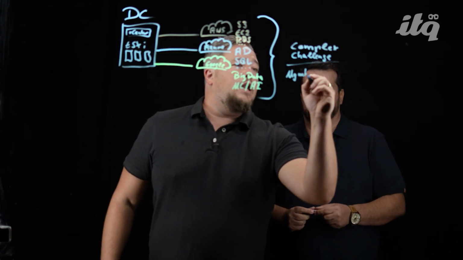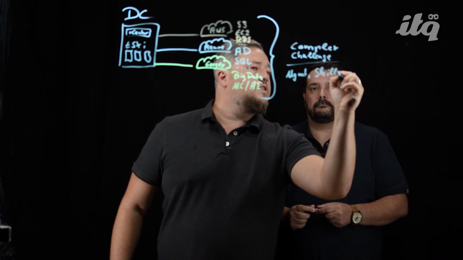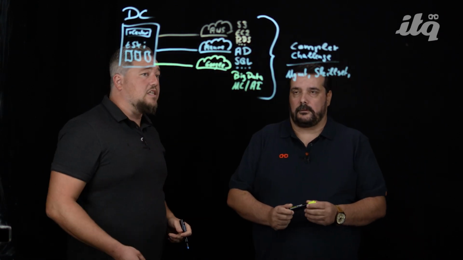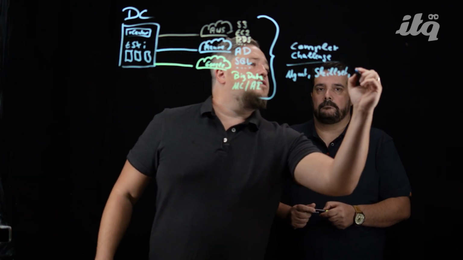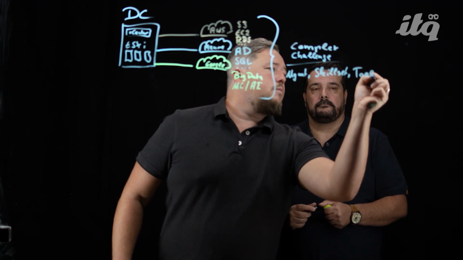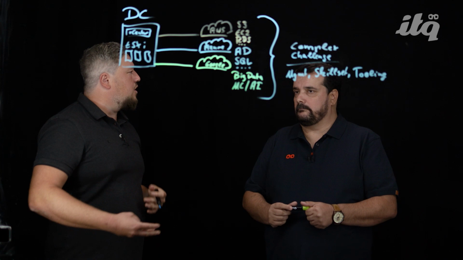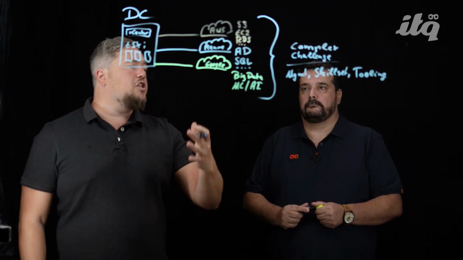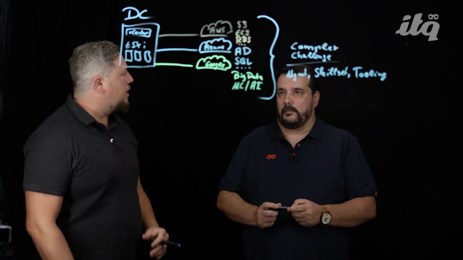There is the lack of skill set many times that we see, and it's not easy to hire new people with all the different skill sets in Google, Azure, and AWS. And also the tooling that we need for backup solutions, for automation, and all this stuff, right? So you need to have those things ready to actually be able to consume a full multi-cloud approach when we talk about native public clouds.